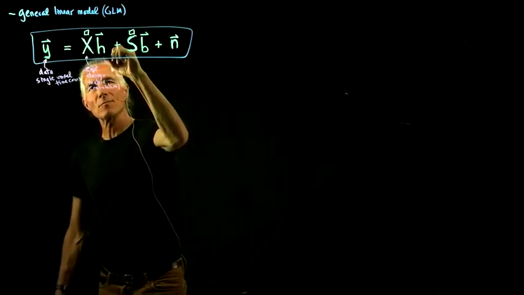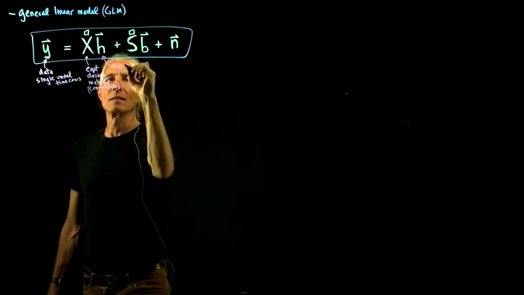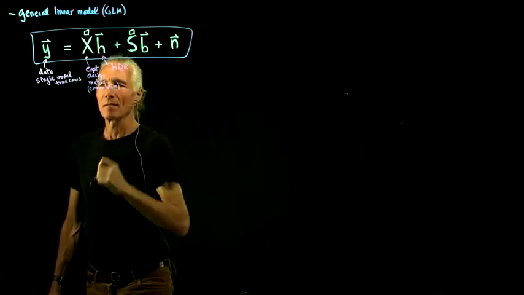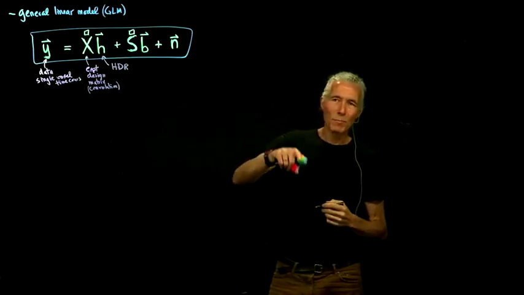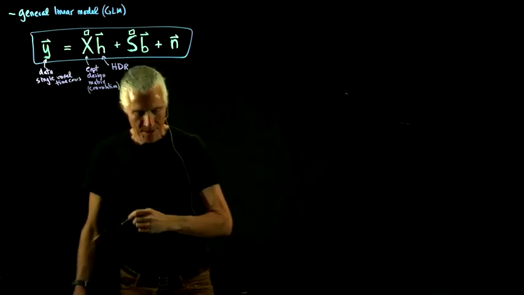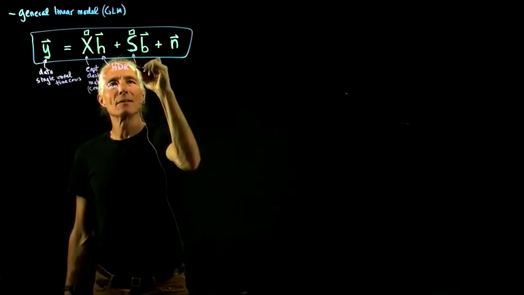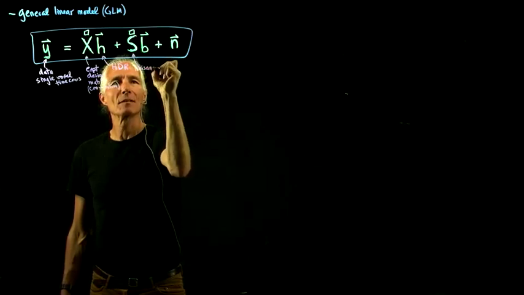This is what we're solving for. This is our hemodynamic response function. So if we just have one condition, it's like, what did the response look like over time for that condition? These guys are the nuisance time courses.